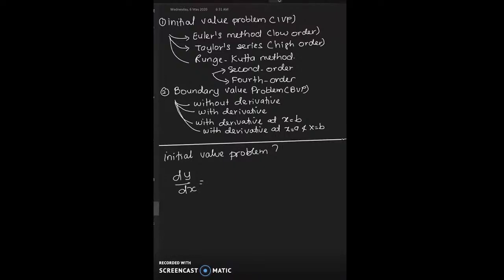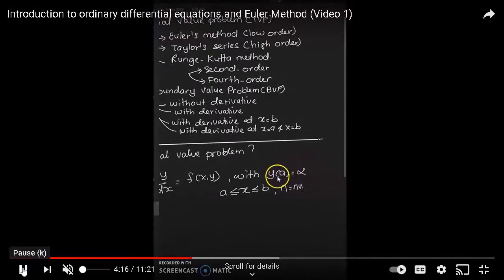In solving the initial value problem, we can assume f(x,y) is dy over dx, to make it simplest. In chapters 3, 4 and 5, we never used this. You just focused that f(x,y) is a function given in the question, but here f(x,y) is the first derivative of y with respect to x.